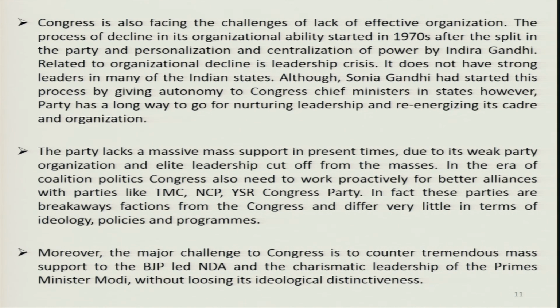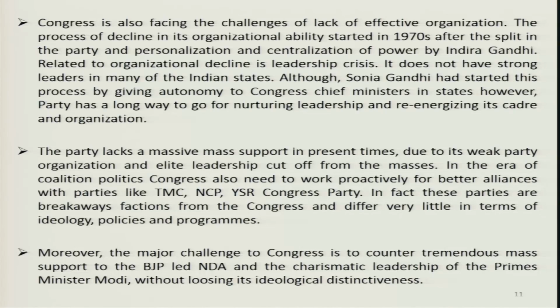Related to organizational decline is its leadership crisis, where it does not have a strong leadership in many Indian states. Although Sonia Gandhi in recent decades started this process of giving more autonomy to the Congress chief ministers in the states, the party has a long way to go in nurturing leadership and re-energizing its cadre and organization, which remains the critical challenge for the party in contemporary politics.